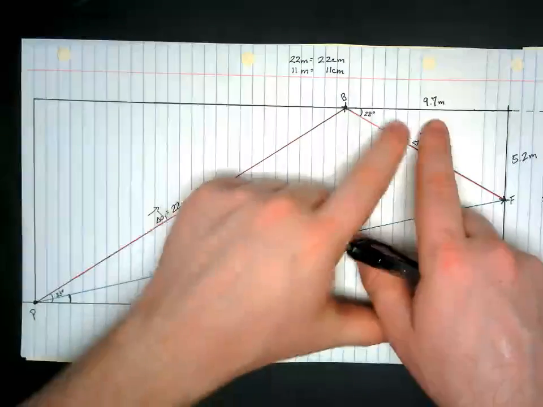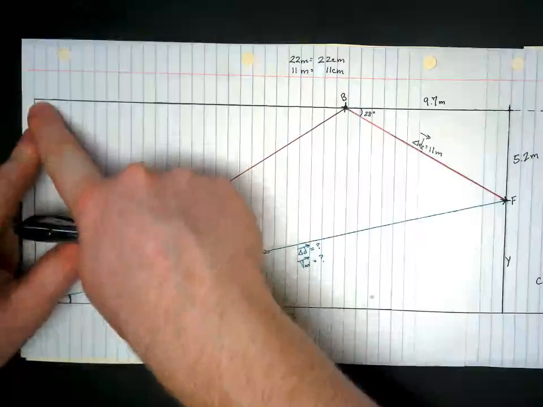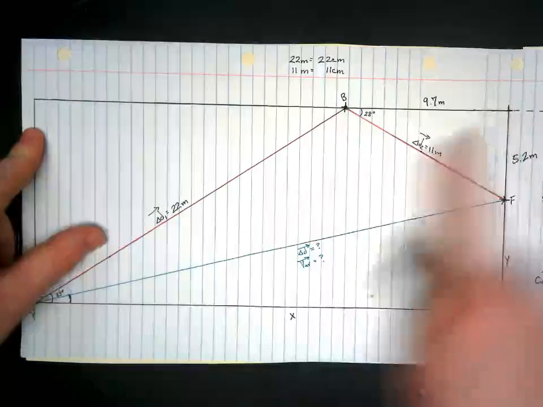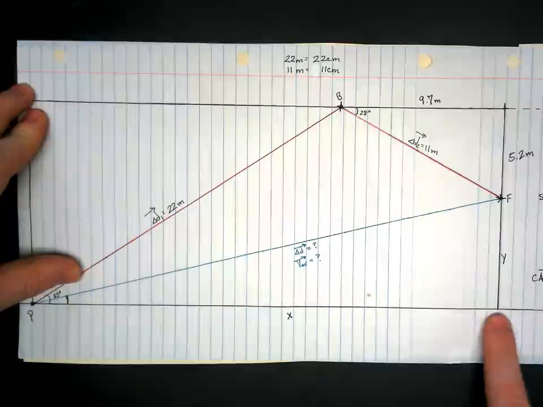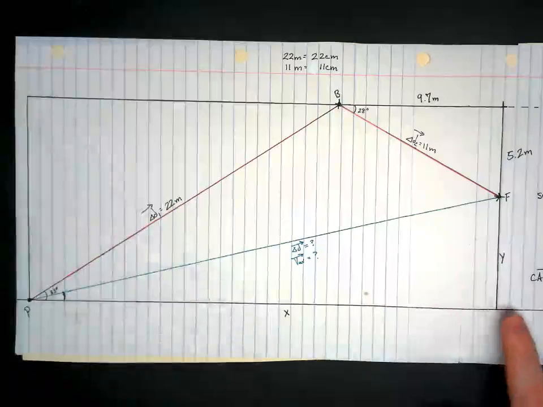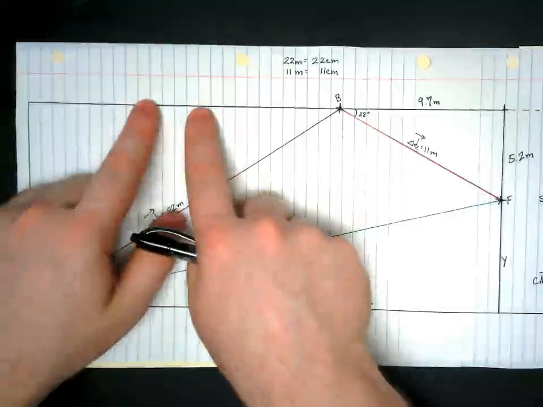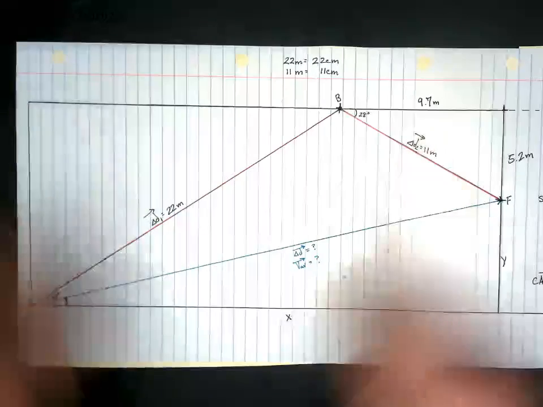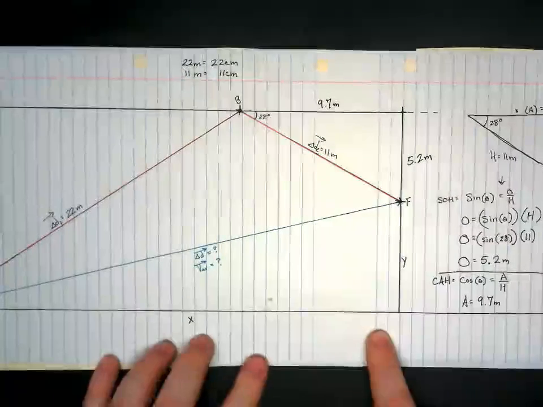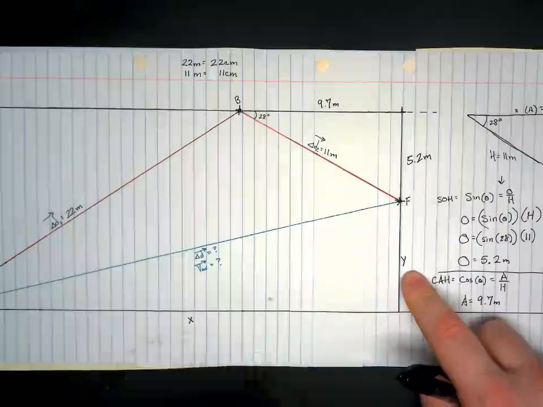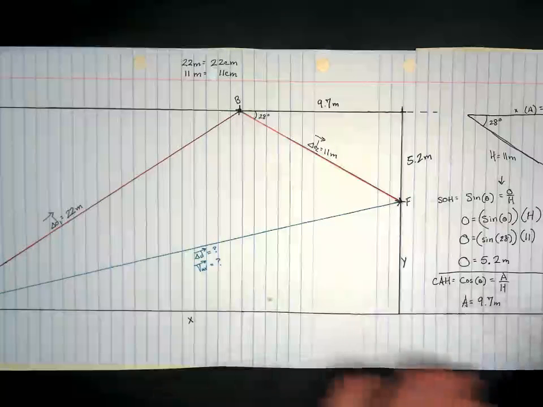We should know that the distance between this point and that point is going to be the same as the distance between this point and this point. Oh my goodness. So if we get this guy up here, and then we add that to that, we then find our x down here. And then all we have left to do is find this y, okay, which we'll get into in just a smidgen here.